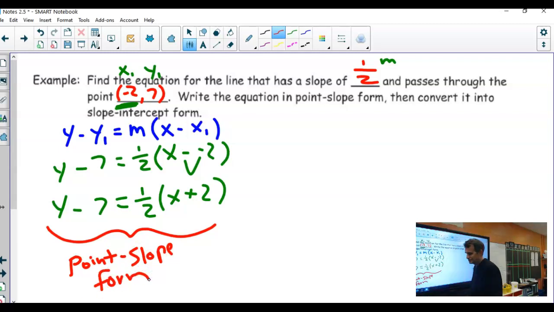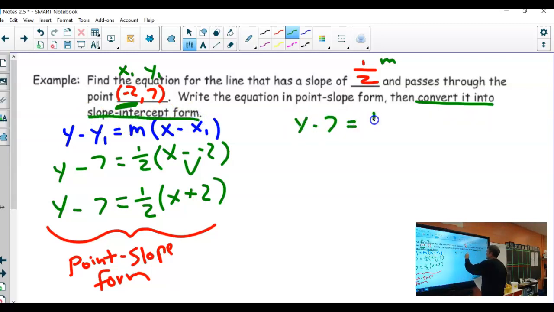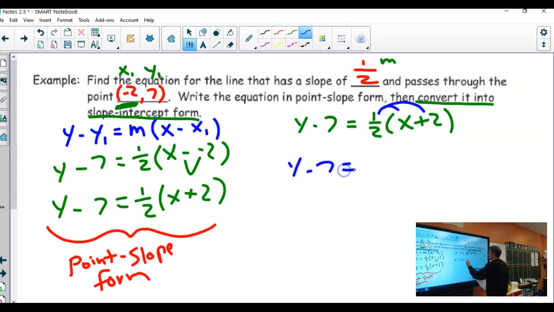That's it. But I want to show you something interesting. Watch this. I could take this point slope form, as it says to do here, and convert it into slope intercept form. So let's do that right here. I would convert this to slope intercept form by distributing the 1/2, giving me y minus 7 equals 1/2 x plus 1.